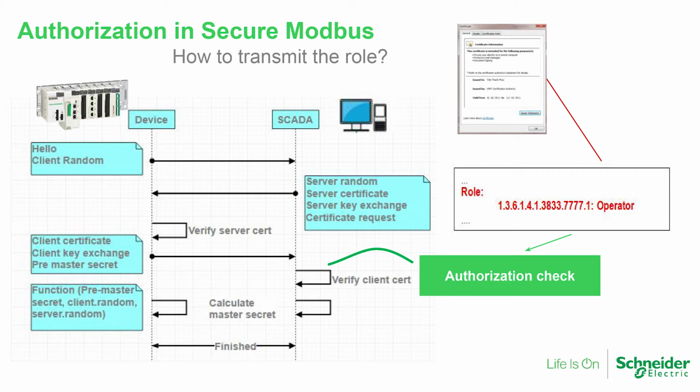And we've registered an OID to allow us to encode the industrial role into the extension attributes of X509. So as long as the different vendors of Secure Modbus have a convention, and we use this OID to transmit the role around the system, we're able to get this property of containment.